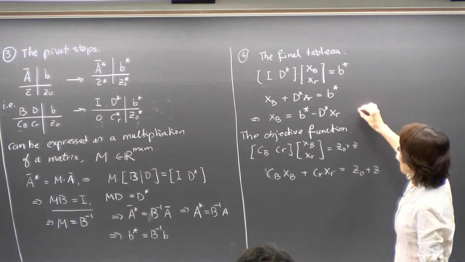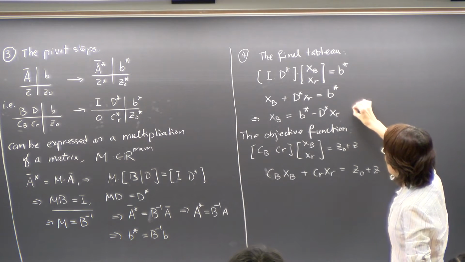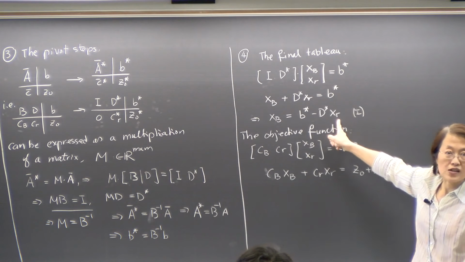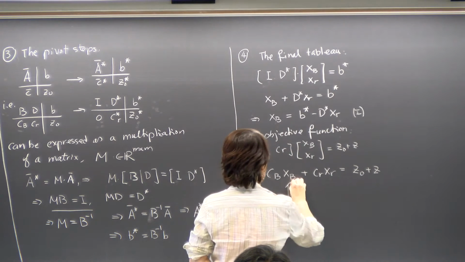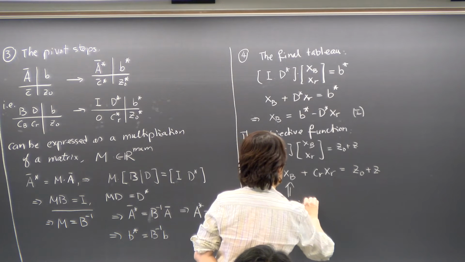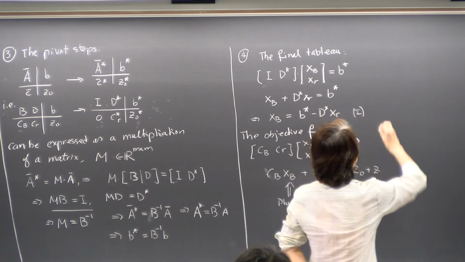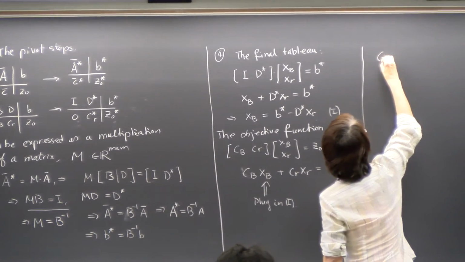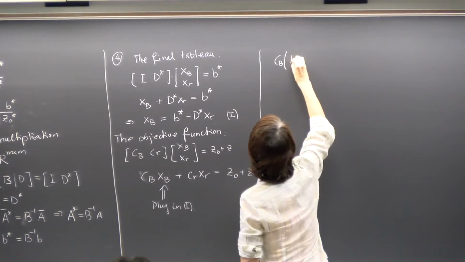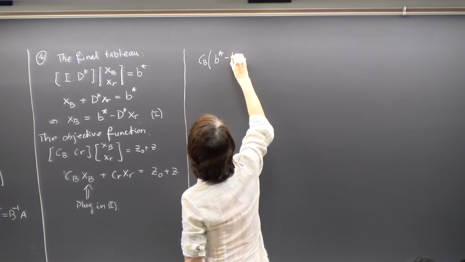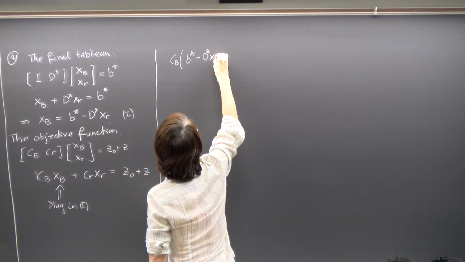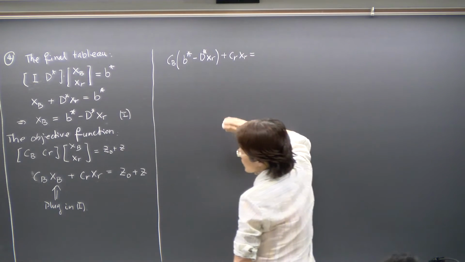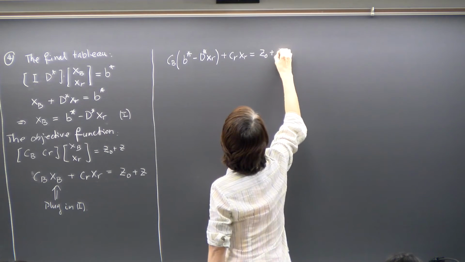So I have this, let's call it expression I. Now I can express XB in terms of XR. All right? So I can plug in that computation, and then I can get rid of the basic variables on the left. Okay? So if I do that, I have the following. CB, XB is B star minus D star XR, that's that, plus CR XR equals Z naught plus Z.